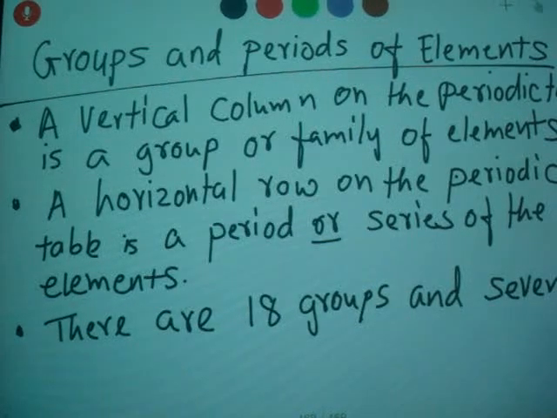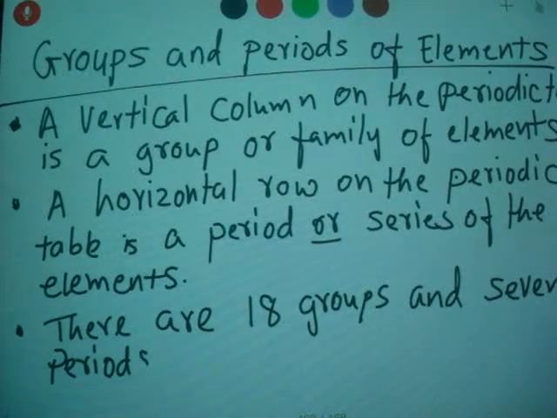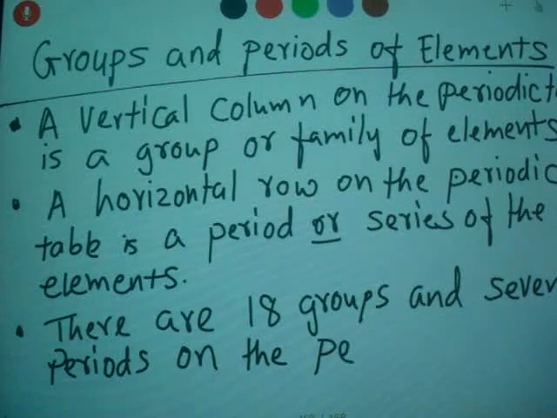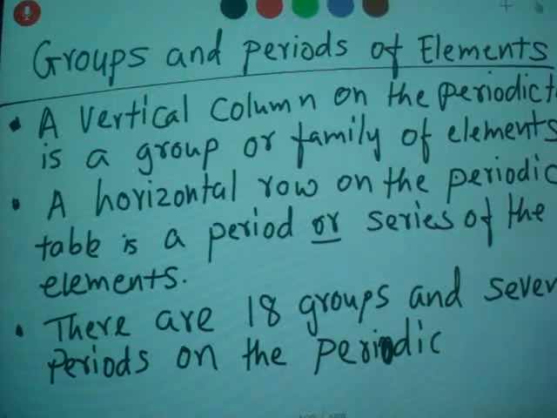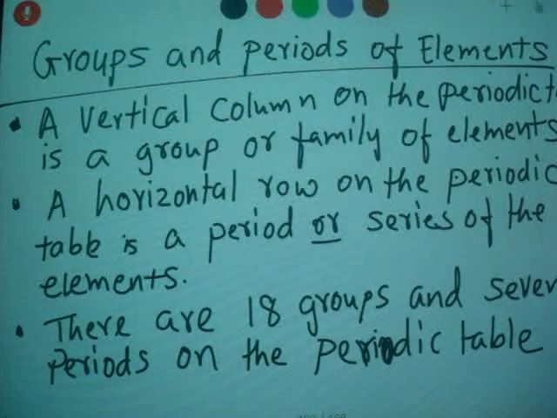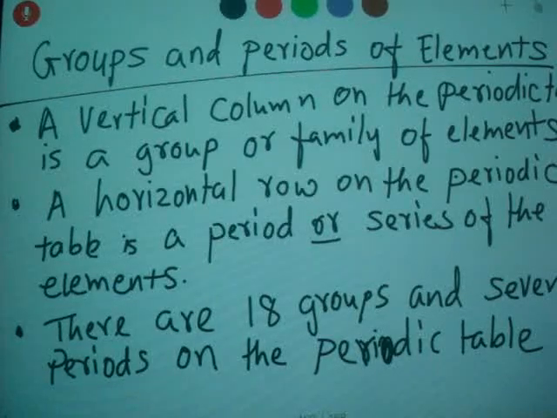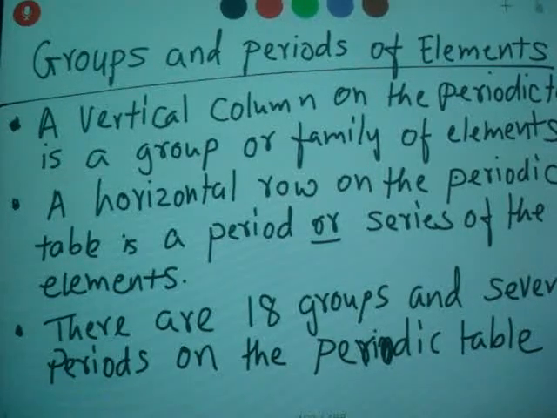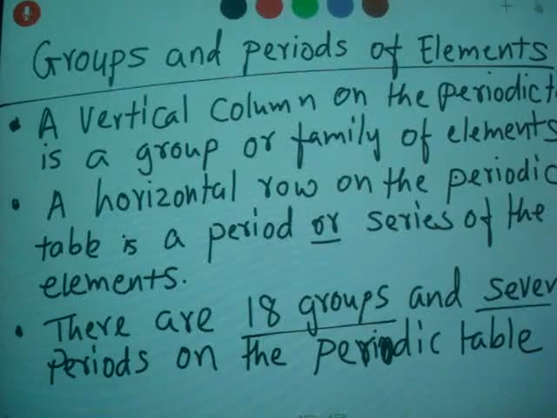That means 7 periods on the periodic table. So now we'll find out what the elements are in each of those groups and periods.